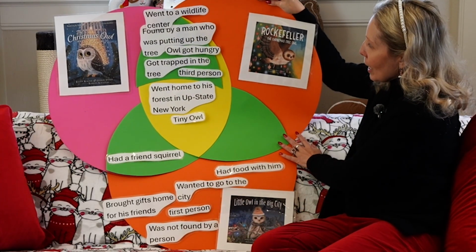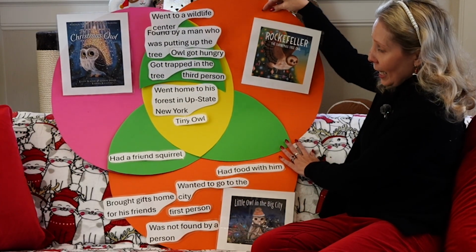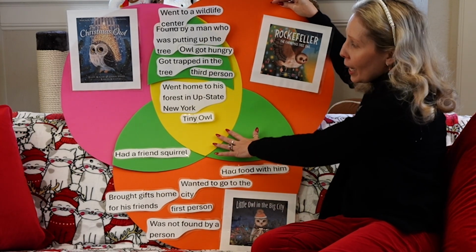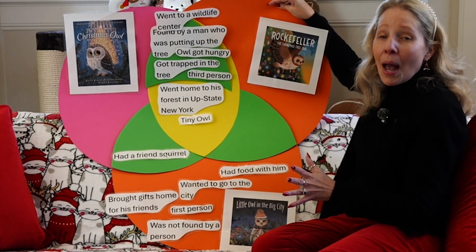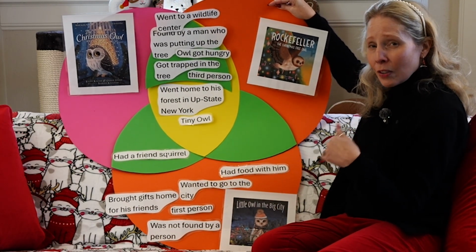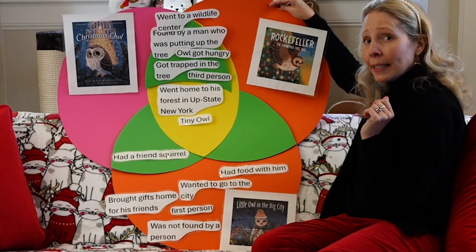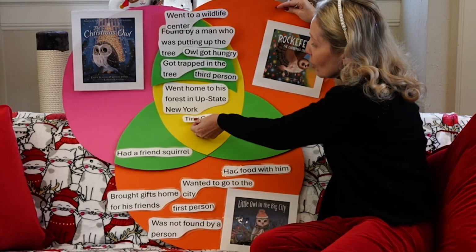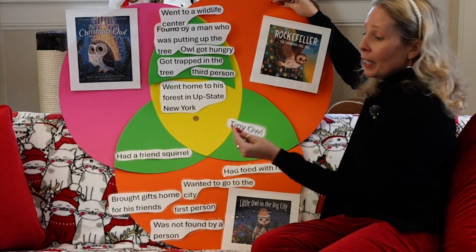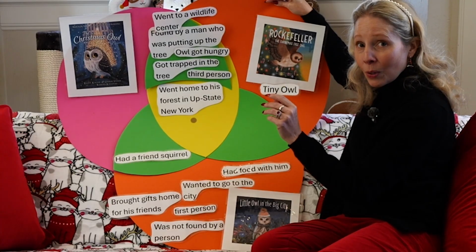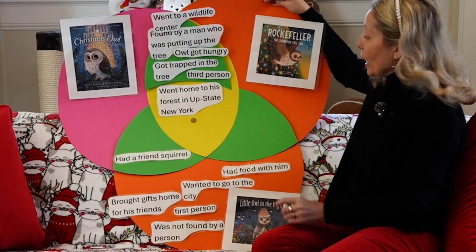Now, by the time I get to, I would say definitely 2nd grade, probably 1st grade, I'm moving into just text. But I'm still going through with students what these say. In kindergarten, I'm probably doing a combined text and picture. So here's my tiny owl piece here. I would have a picture of a tiny owl and the words to support those that are beginning readers.